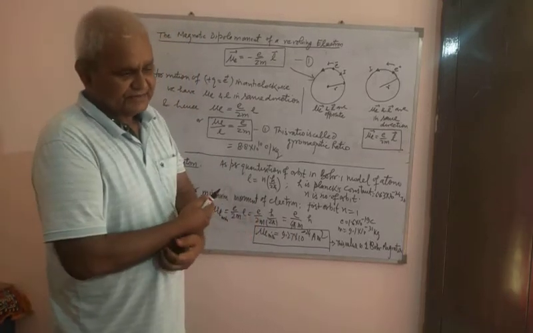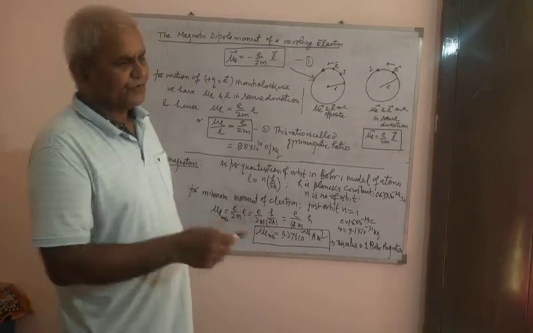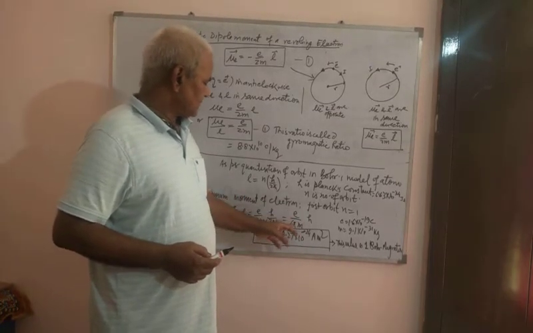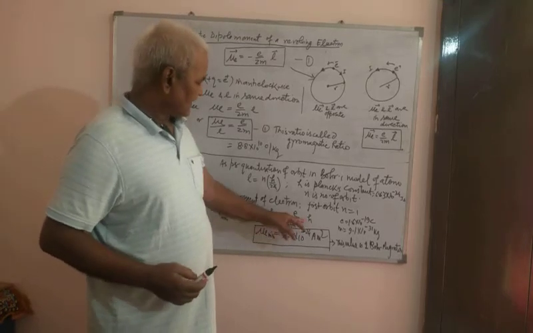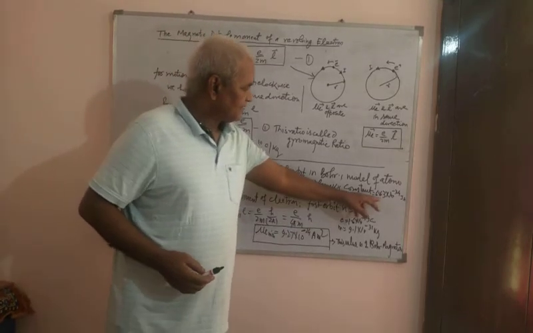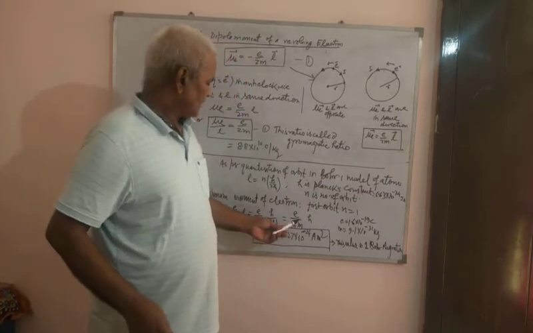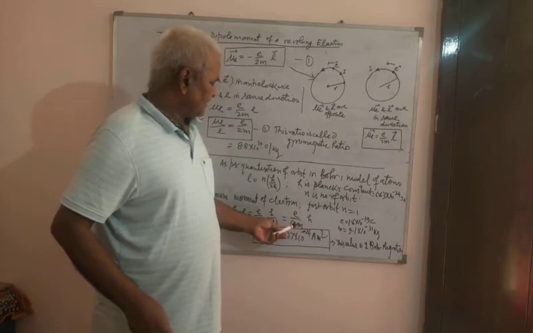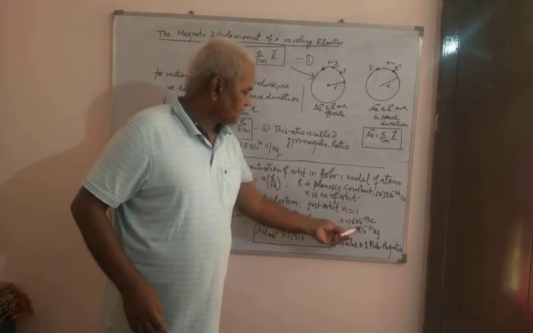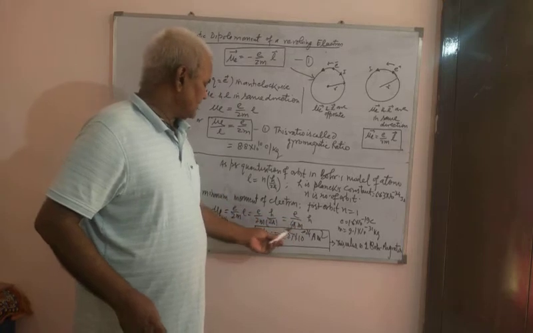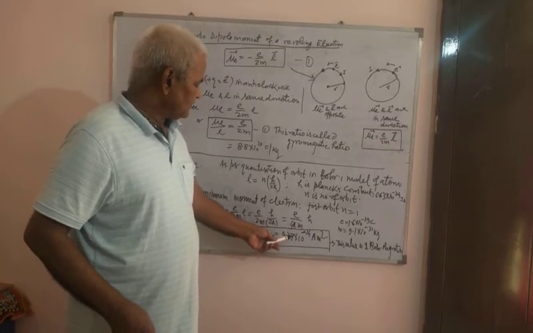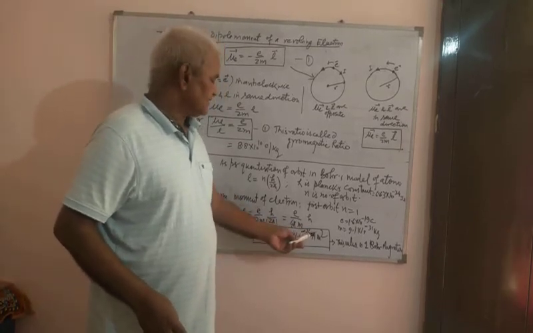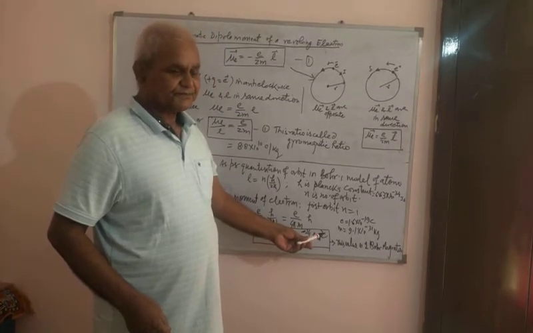The hydrogen atom is the simplest case, in which we have an electron revolving in the first Bohr orbit. So the n value is 1, and the Bohr magneton value is e h upon 4 pi m. If you substitute the value of h, 6.63 into 10 power minus 34, e 1.6 into 10 power minus 19 coulomb, m the mass of the electron 9.1 into 10 power minus 31 kg, then this entire constant comes out to be 9.27 into 10 power minus 24 ampere meter square, the SI unit of magnetic moment.